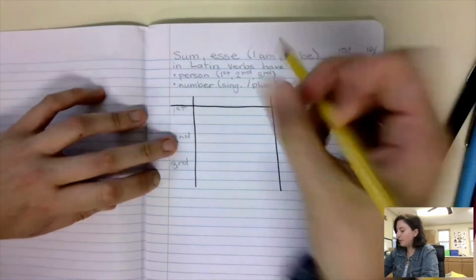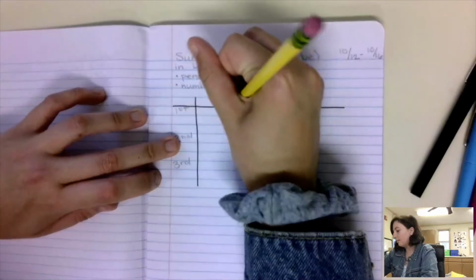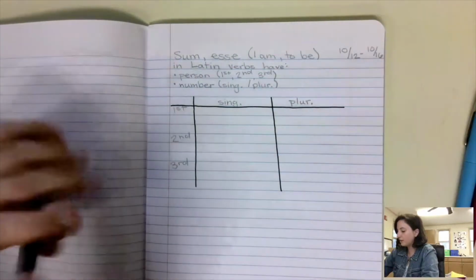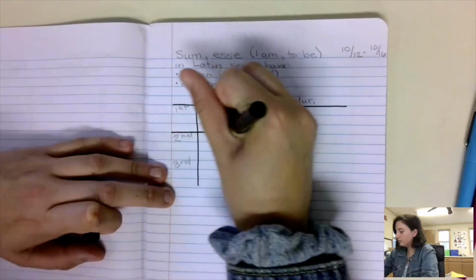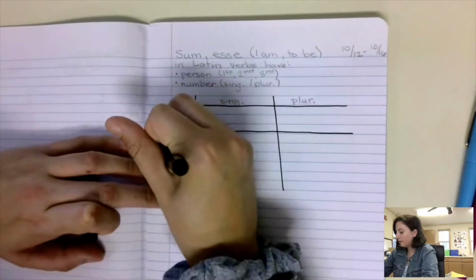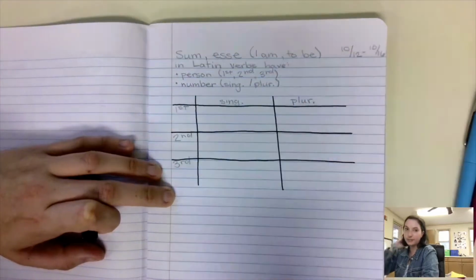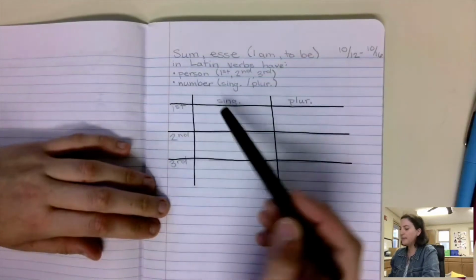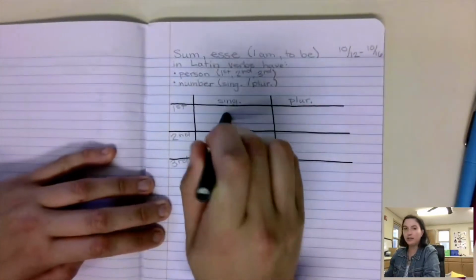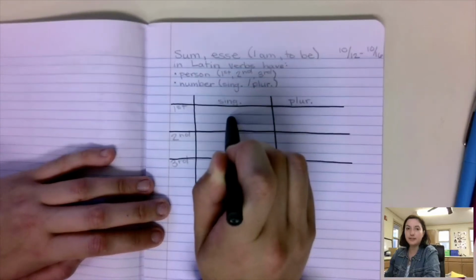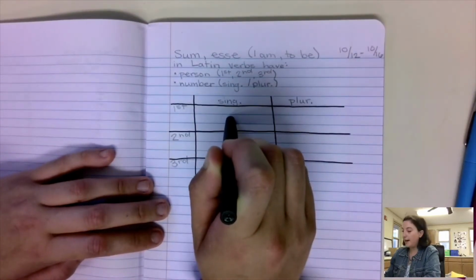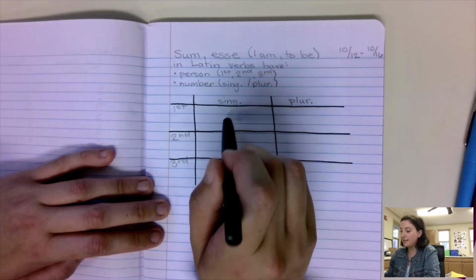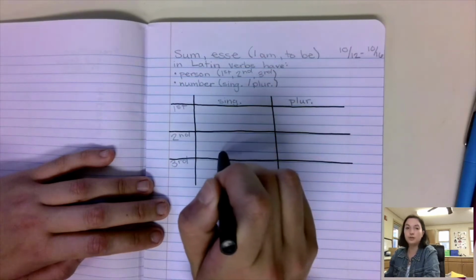And then you can put singular and plural across the top. So every verb in Latin has person and number, meaning if I am doing the verb, the first person singular is I. If I am doing the verb, then the ending of the verb is different than if you were doing the verb.